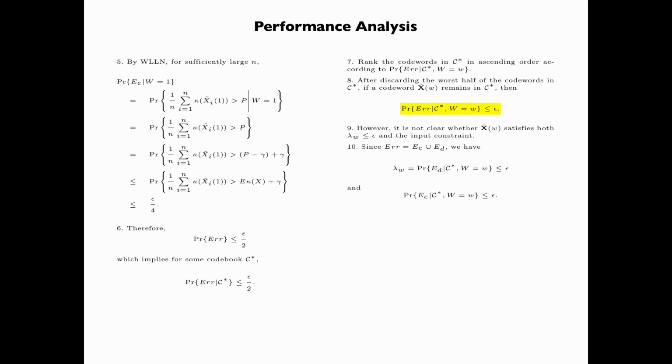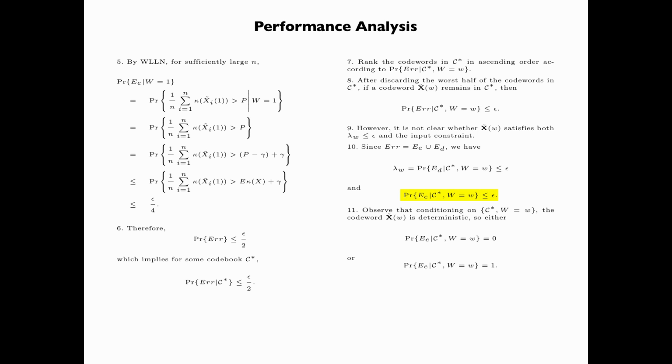And also, the conditional probability of the event E sub E is less than or equal to epsilon. Now observe that conditioning on C star and W equals small w, the codeword X tilde of w is deterministic. So the conditional probability of the event E sub E is either equal to 0 or equal to 1. That is, either the input constraint is violated or it is not.